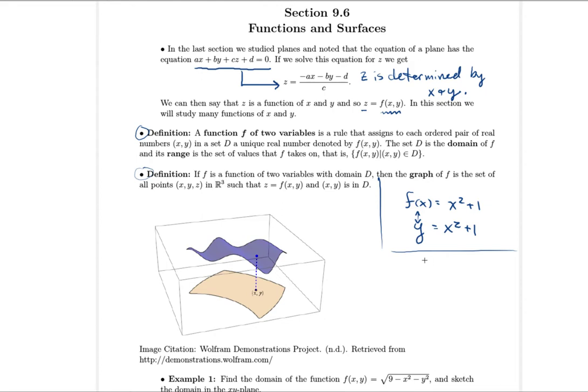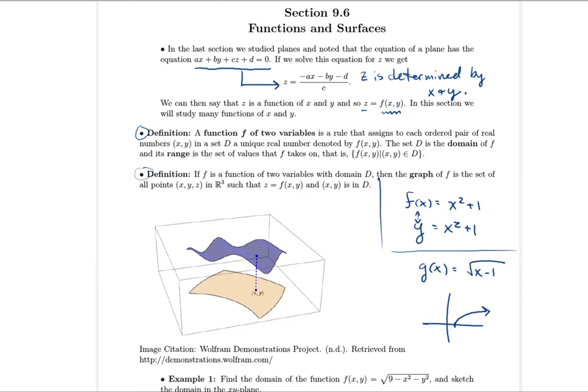So how about something like g of x is equal to the square root of x minus 1. If I was to sketch a quick graph of that, I would know that the domain of this function is everything from 1 onward. And that after 1, the graph looks like this.